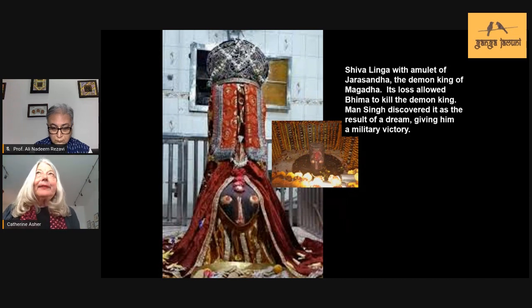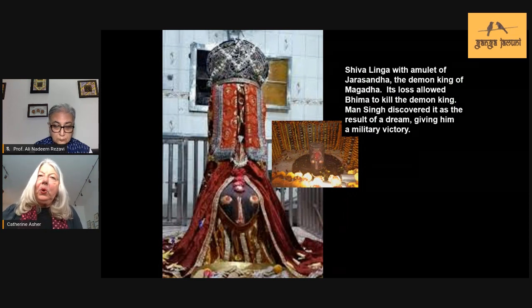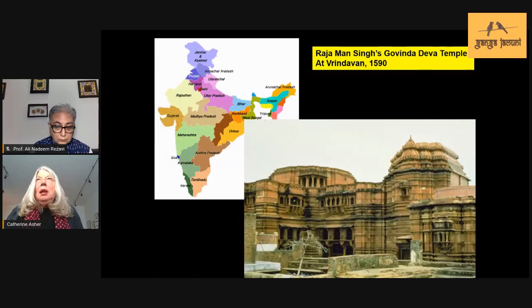Raja Man Singh, upon discovering it and then enshrining it in this temple, gained a military victory. So we have commemorative temples that also celebrate Mughal victories. What we're seeing with these temples, and not every one of them, but some of them, is a conflation, a sharing of family Kachwaha tradition and Mughal victory.